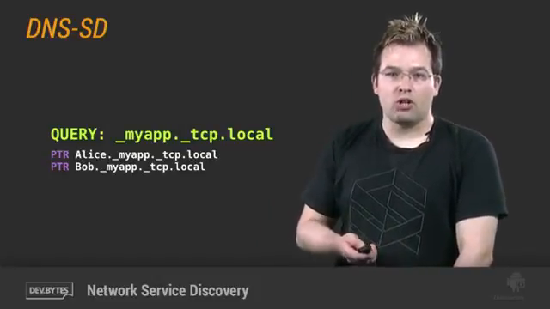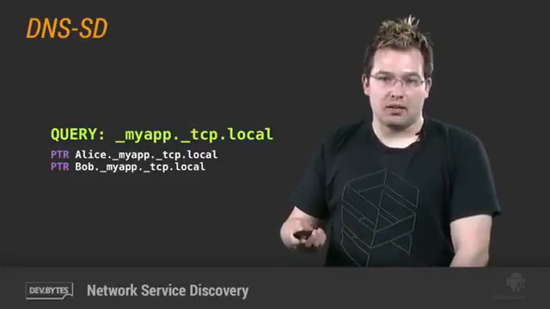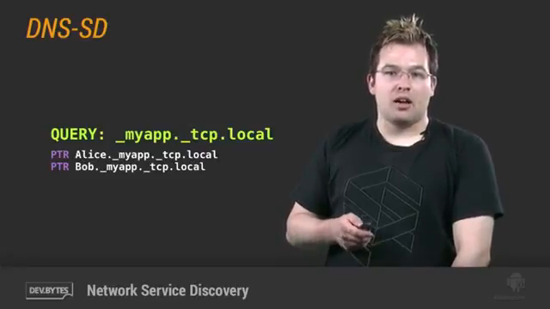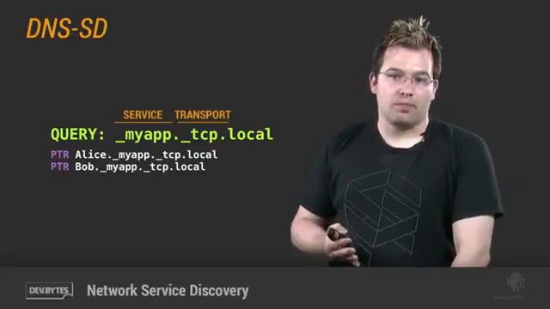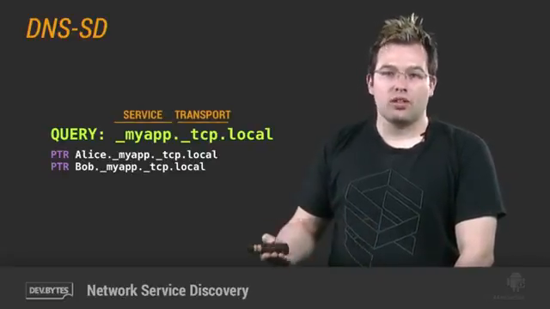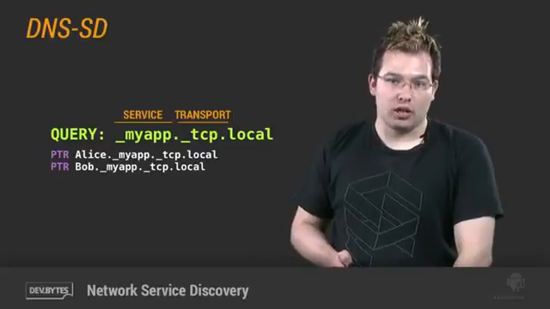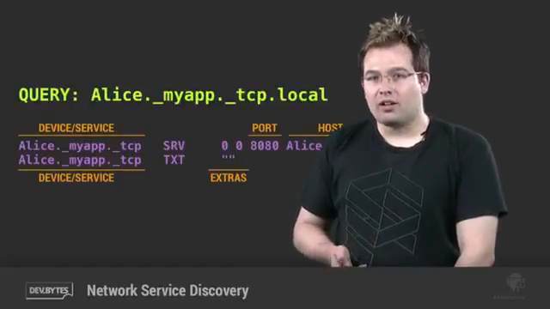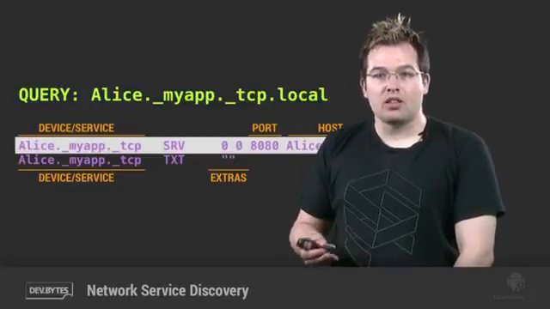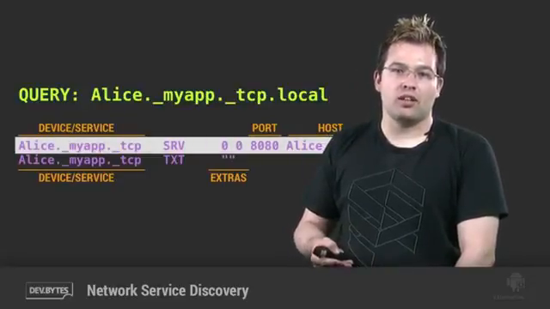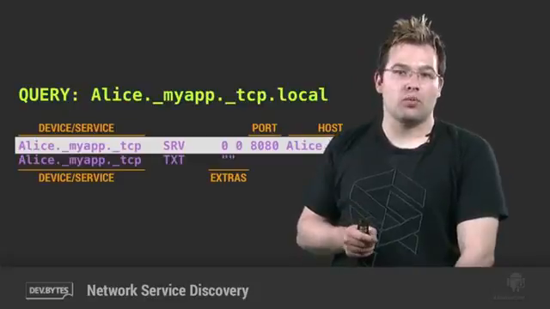So in this case, we're using myapp.tcp. Myapp is the service name, and TCP is the network transport that we're using. Clients can then go and query on this name to retrieve the listing of devices supporting it. Once a desired device is selected, the IP address, port number, and any other necessary metadata are requested via DNS service or SRV records.